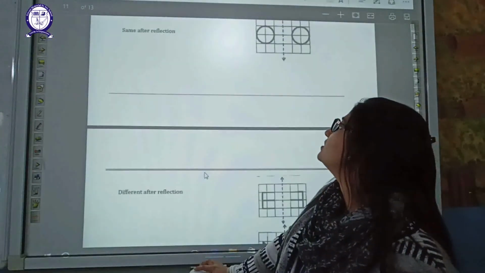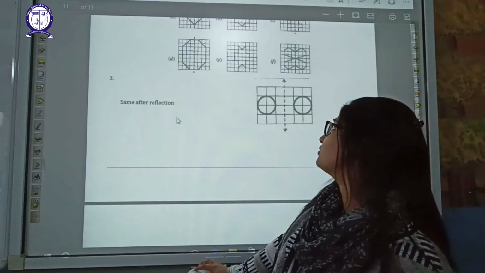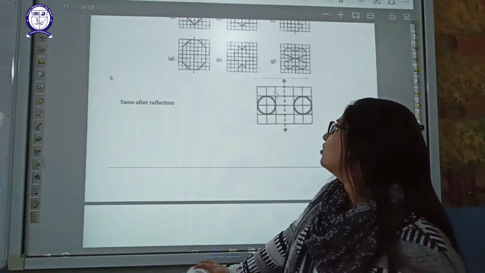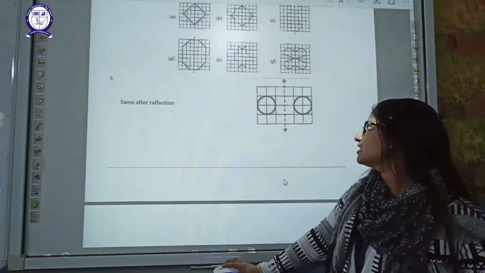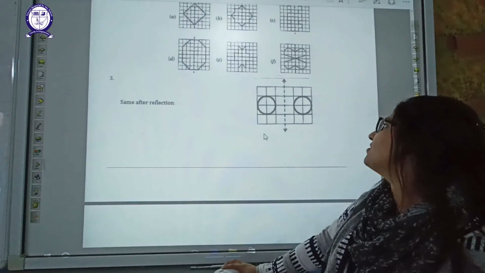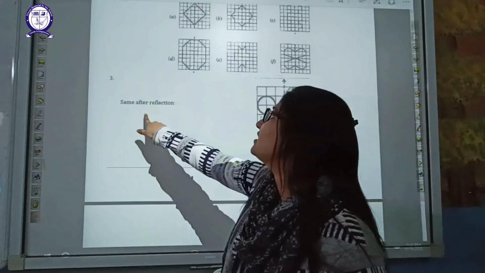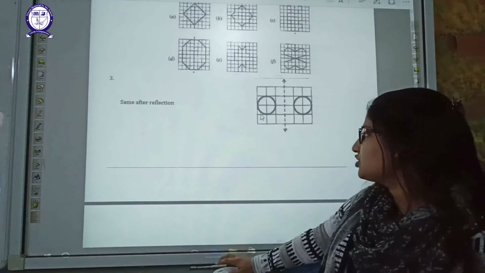So here, as you can see, first of all here is O. Now O is here, its left side and right side will change inside the mirror and we will get the same reflection. So here it is written same after reflection.